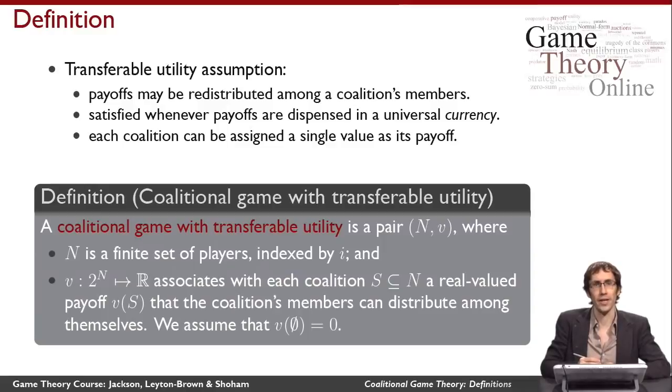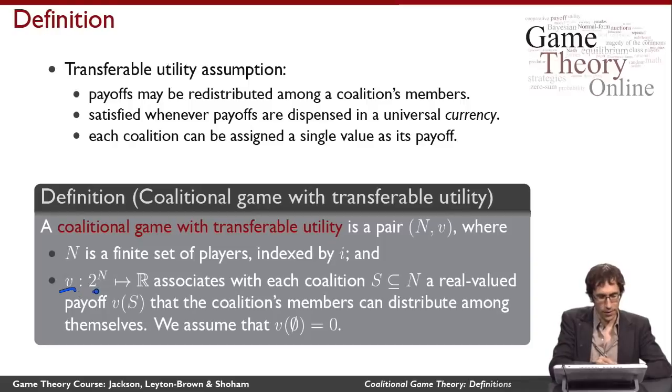Under this assumption, here's how we can define a coalitional game. A coalitional game has two parts, N and V, where, as in the previous models we've thought about before, N is just a finite set of players, and we'll again index this by i when we want to talk about individual players in the set. And V acts like our utility function for a coalitional game.